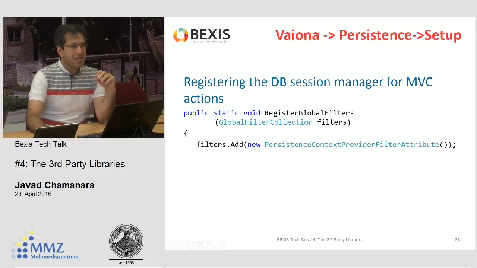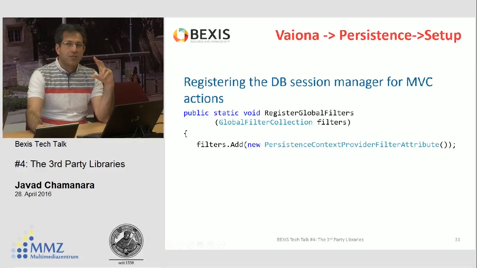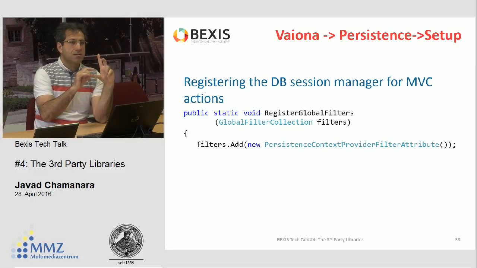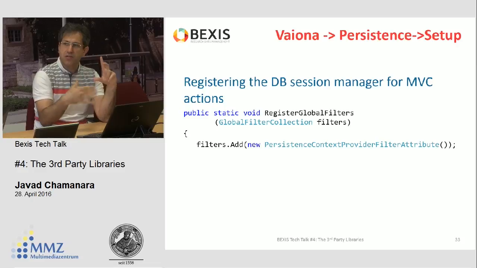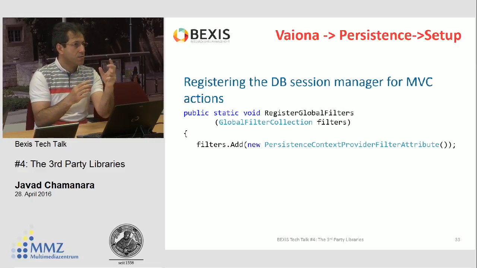So in this case, we are actually assuming that any action is somehow a unit of logical work. So when you are inside the action, you get some information, maybe manipulate them, delete, insert, or whatever, and then commit all your changes at once. This concept is also provided by the Vaiona persistence.